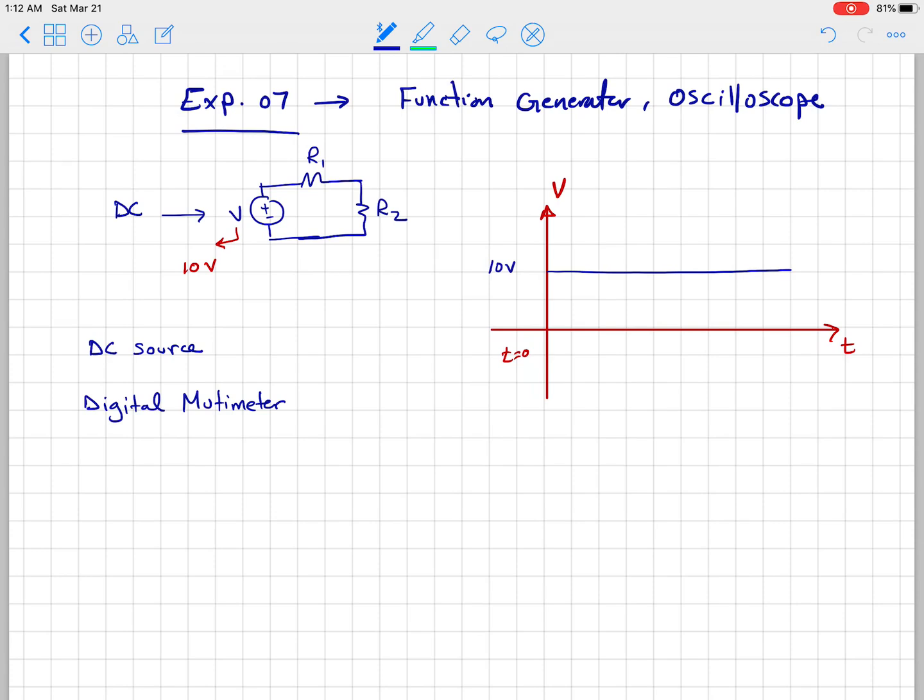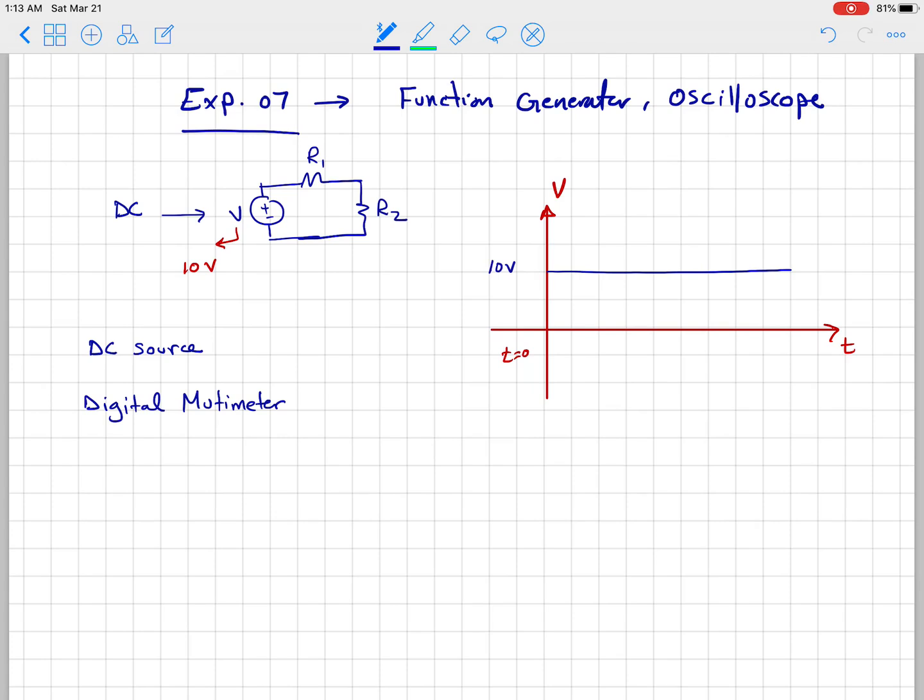The digital multimeter will give us a way of measuring the voltage and the current at any point in the circuit. If we want to actually, instead of having a DC source, we want to have a voltage that actually varies with respect to time.